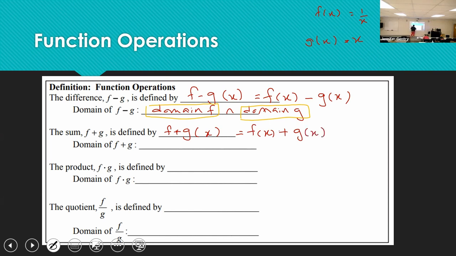F times G, F of X times G of X. Do you see a pattern here? Do you see something going on that makes sense? It's just the same thing. F over G equals F of X divided by G of X. Does that make sense?